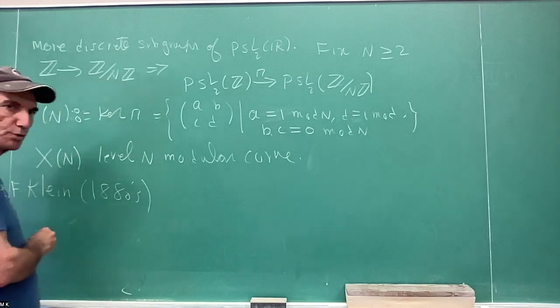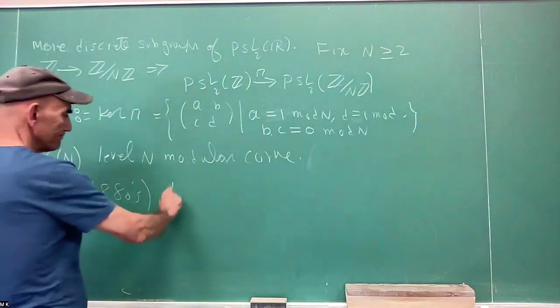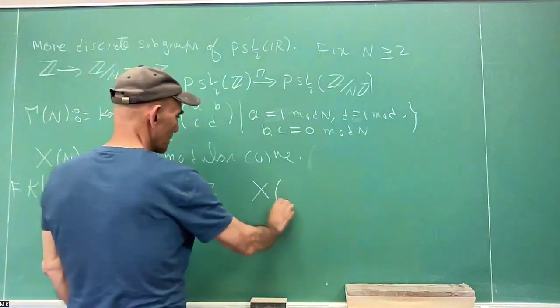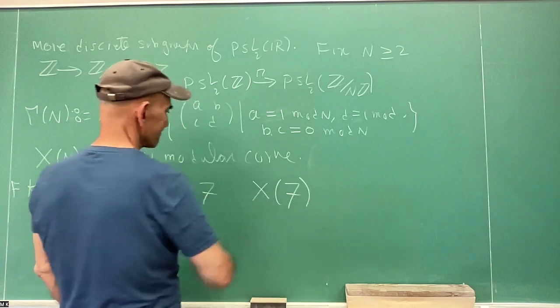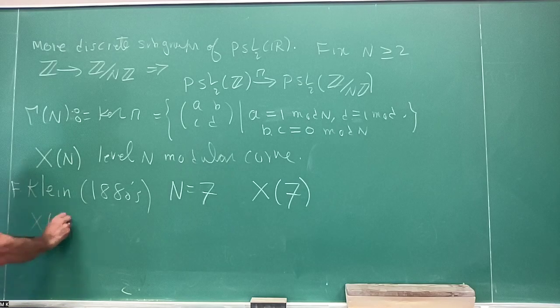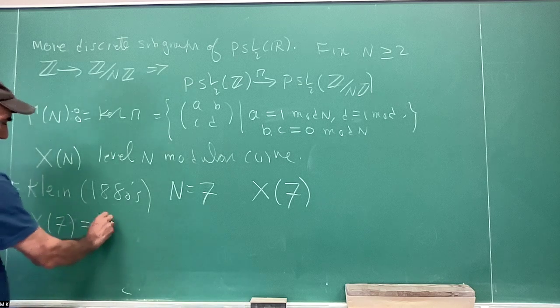He took n equal to 7, famously, and looked at X7. He really studied this case in detail. For example, he shows that this X7 has a famous name. It's called the Klein quartic.